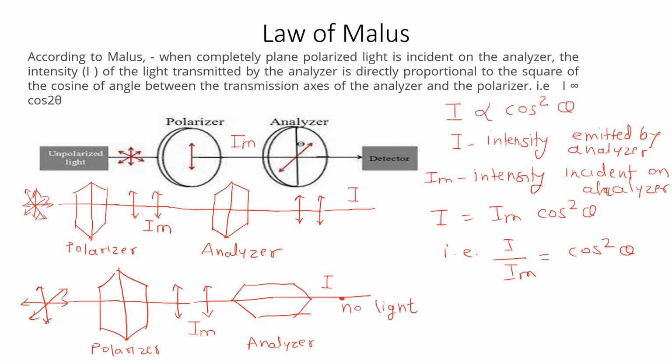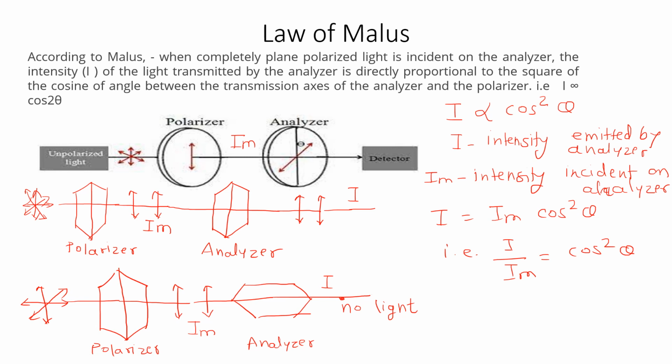So as we rotate this analyzer, the intensity of light which is emitted by the analyzer is going to change. When these two are parallel to each other, when the angle between these two is 0, then we will get maximum intensity. When we rotate it perpendicular to the plane of polarizer, then theta will be 90 degrees, cos theta will be 0, and cos square theta will be 0.